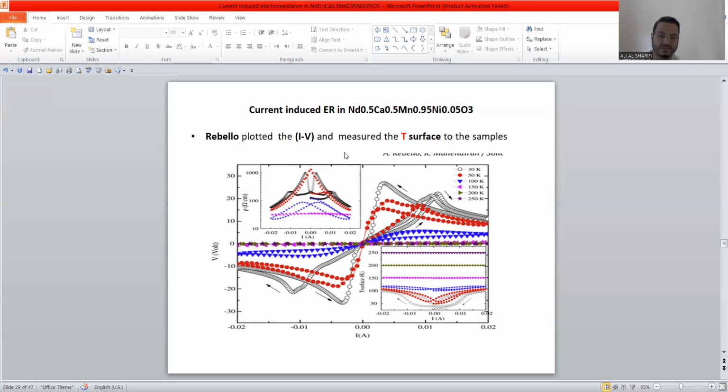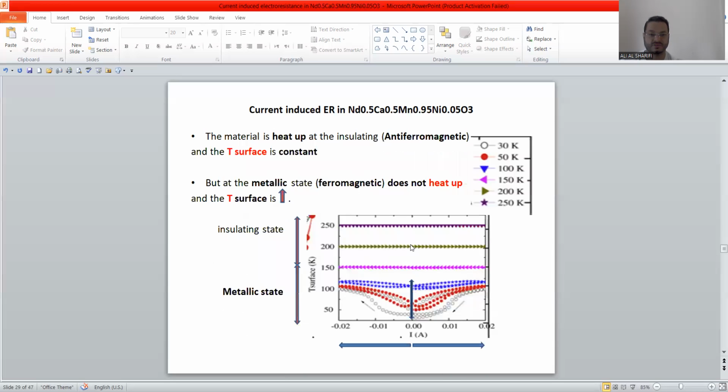Here, actually, Rebello was a great researcher because he could plot the IV current and at the same time measure the T surface of the samples. This plot is very clear: the IV curve plotted, and at the same time the surface temperature of the samples measured.